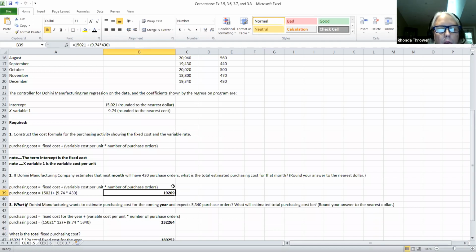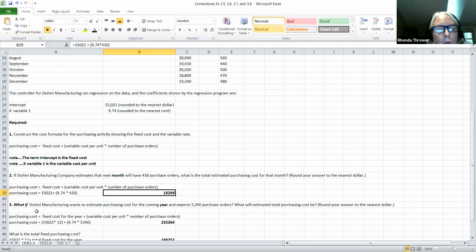And so the total cost of the purchase orders, the purchasing cost, is $19,209. Again, that's your fixed cost plus your variable cost per unit times the number of purchase orders for this month. And that will be $19,209.